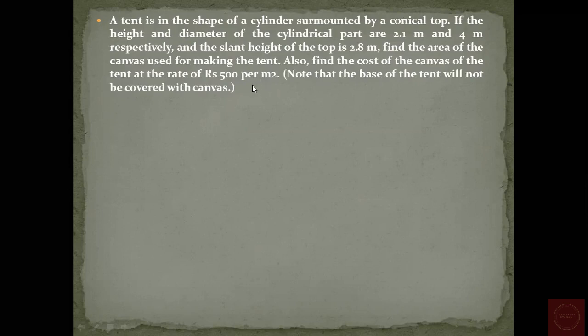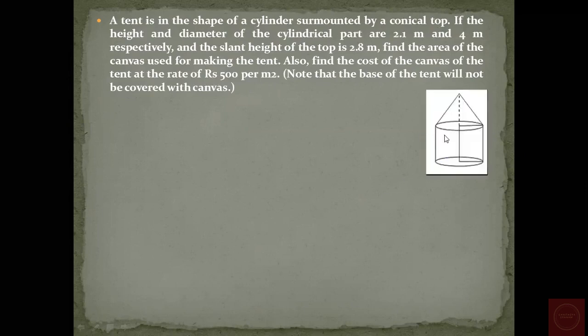Now you can see here, the shape is given in the form of a tent, that is a cylinder surmounted by a conical top. So let us first see the figure and understand the concept. So here it is. You can see this one is a cylinder, right? And upward is a cone, right?